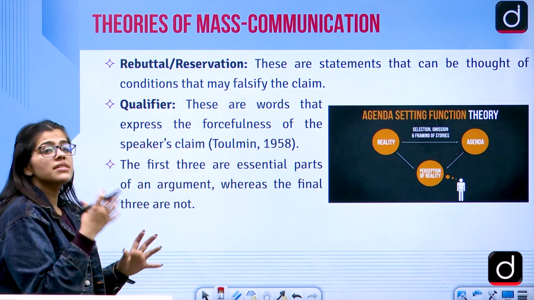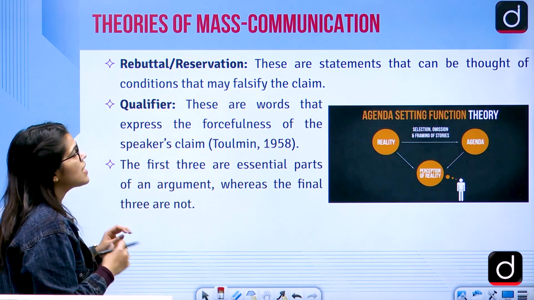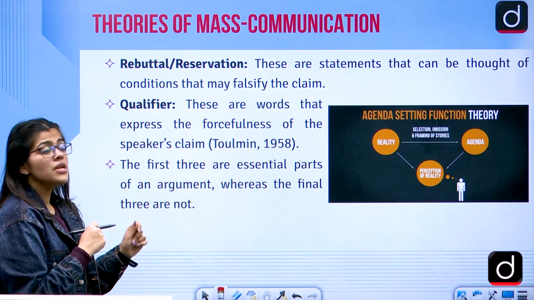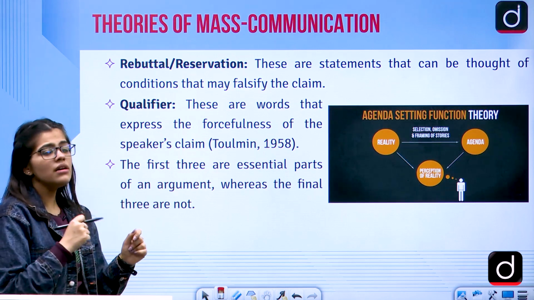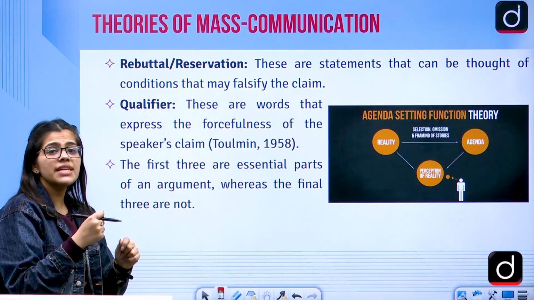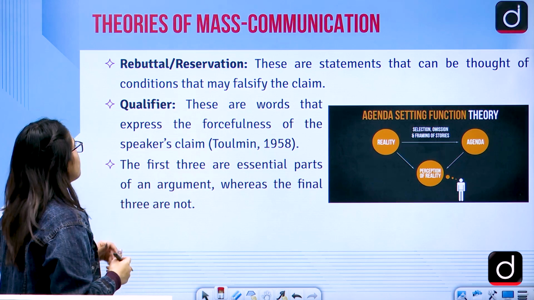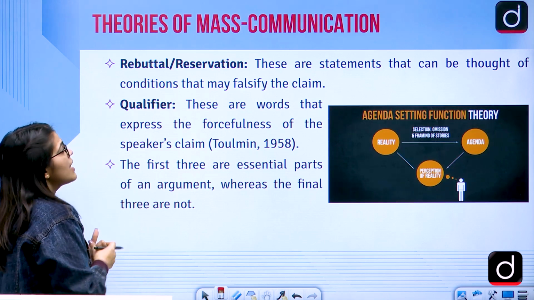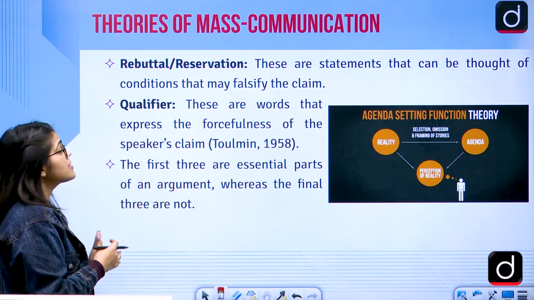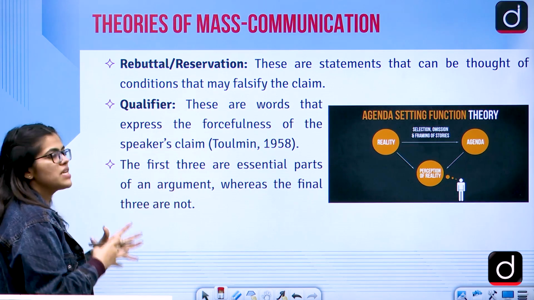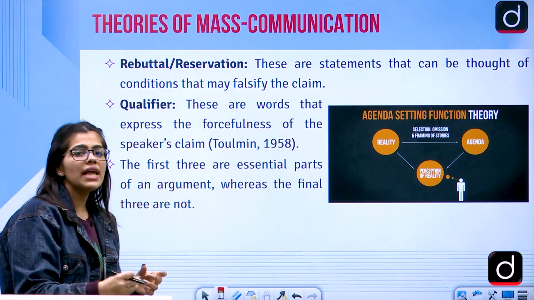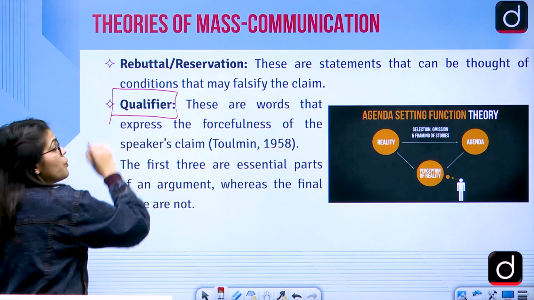Then there is the reservation or the rebuttal, and these are the statements of thought and condition that cannot falsify the claim. Or you have these statements, and if you have these statements, you can falsify the claim. Then there is the qualifier, and these are the statements that express the forcefulness of the speaker's claim. So whatever you are claiming, you should be well qualified.